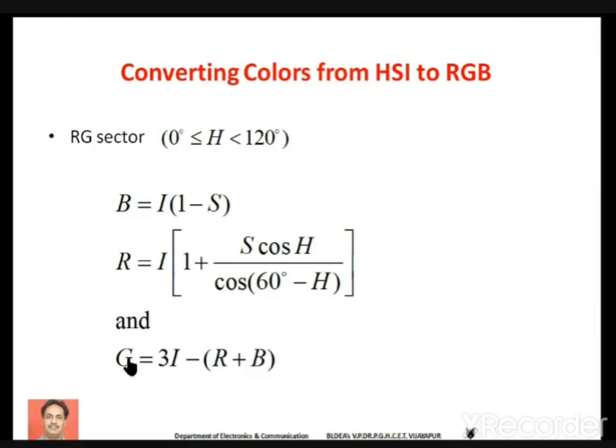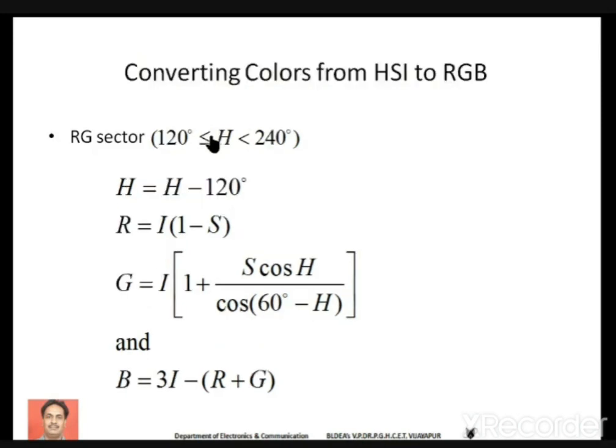The technique is like this. So for H between 120 degree to 240, you calculate R by using this formula. And G you can calculate by using the second formula. And B can be calculated by using the third formula. You have to rotate this way in case H is between 120 degree and 240 degree.